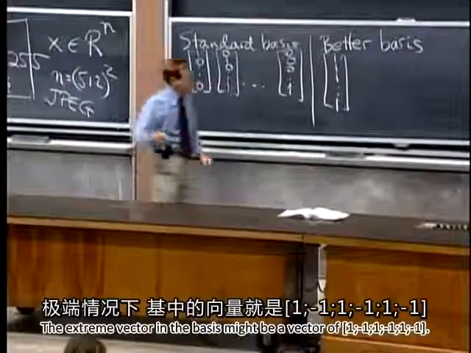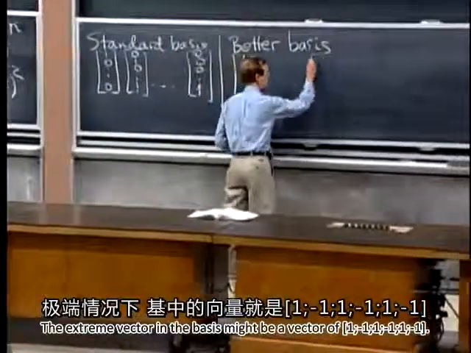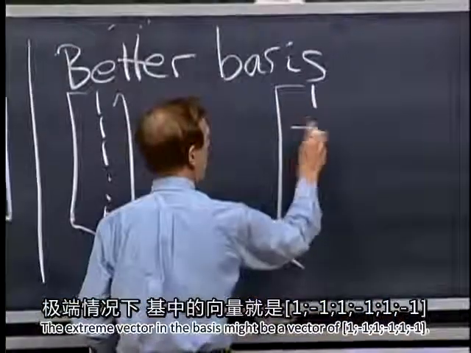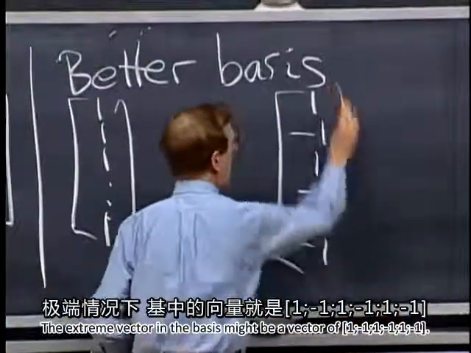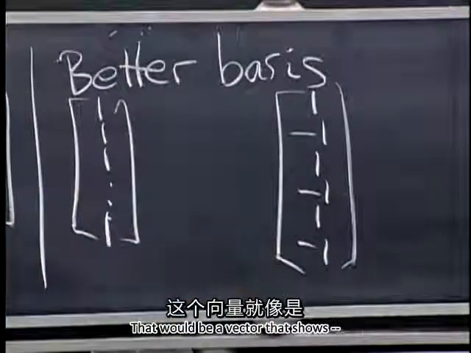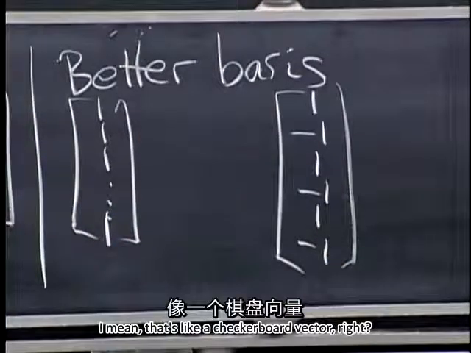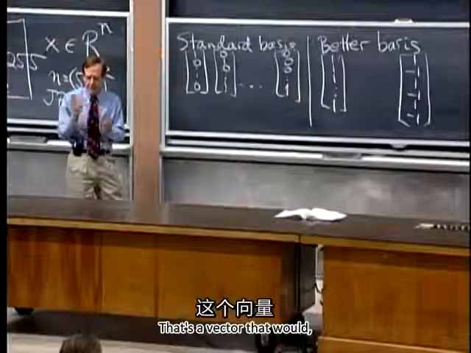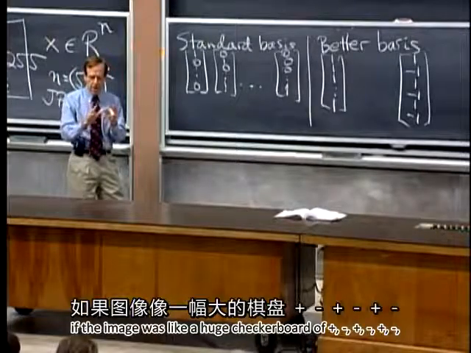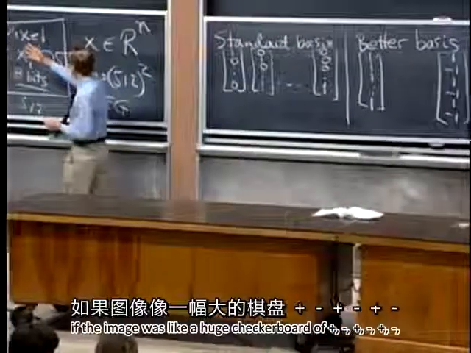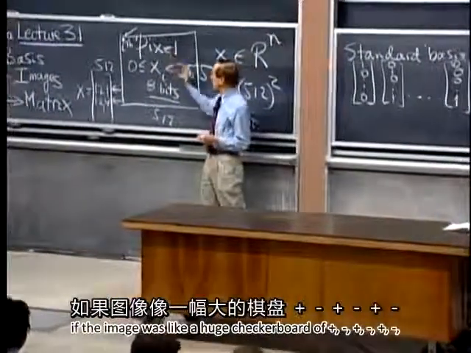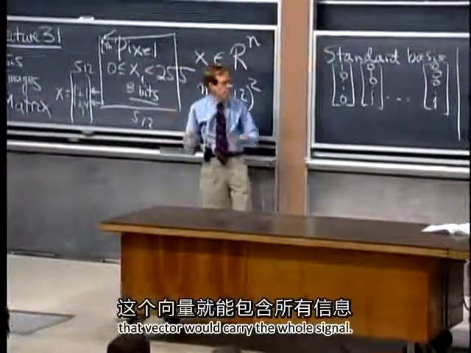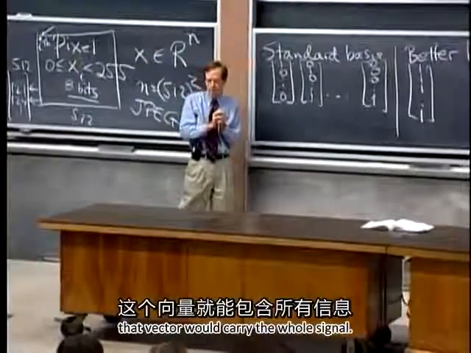The extreme vector in the basis might be a vector of 1, minus 1, 1, minus 1, 1, minus 1. That's like a checkerboard vector, right? If the image was like a huge checkerboard of plus minus, plus minus, that vector would carry the whole signal.